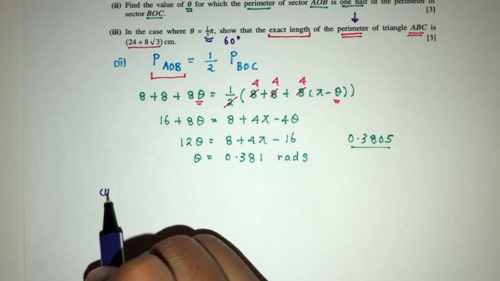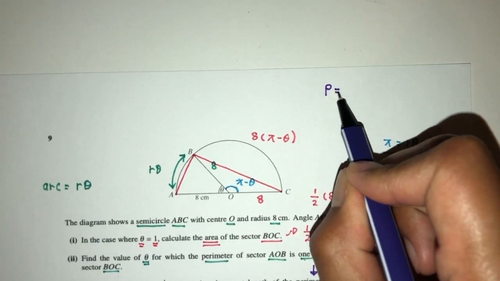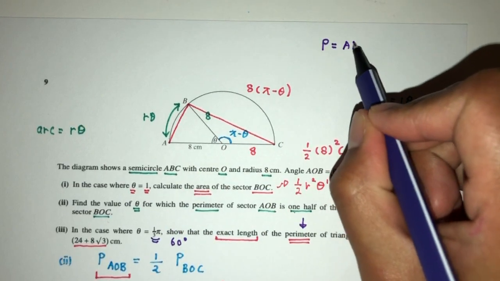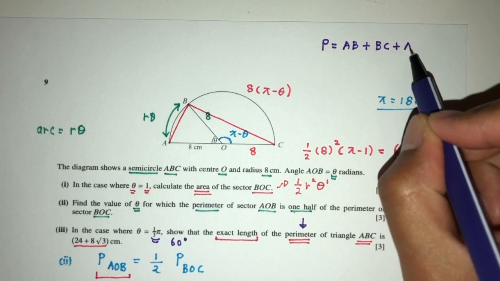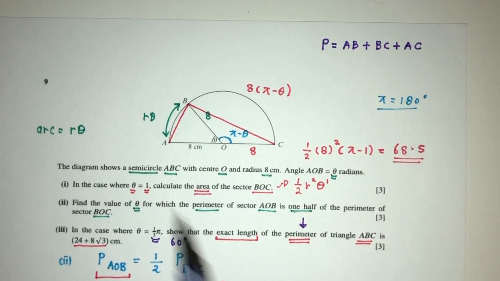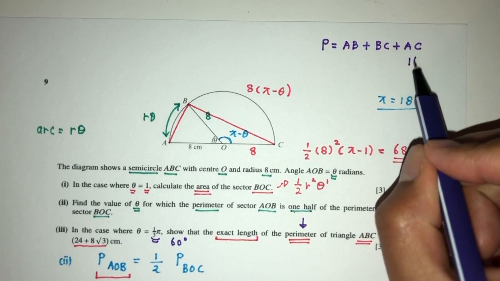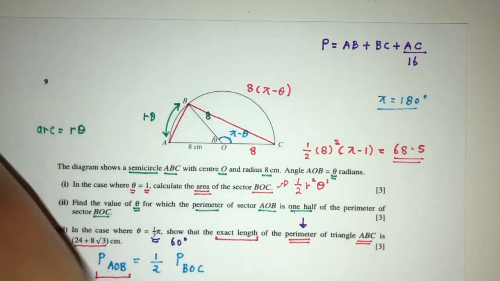By observation, the perimeter, as we can see, has to be the length of AB plus BC and plus AC. That makes sense, right? We have to add the distance around the triangle. Now AC is given to you, 8 plus 8, that will be 16. Now we have to find AB and BC.